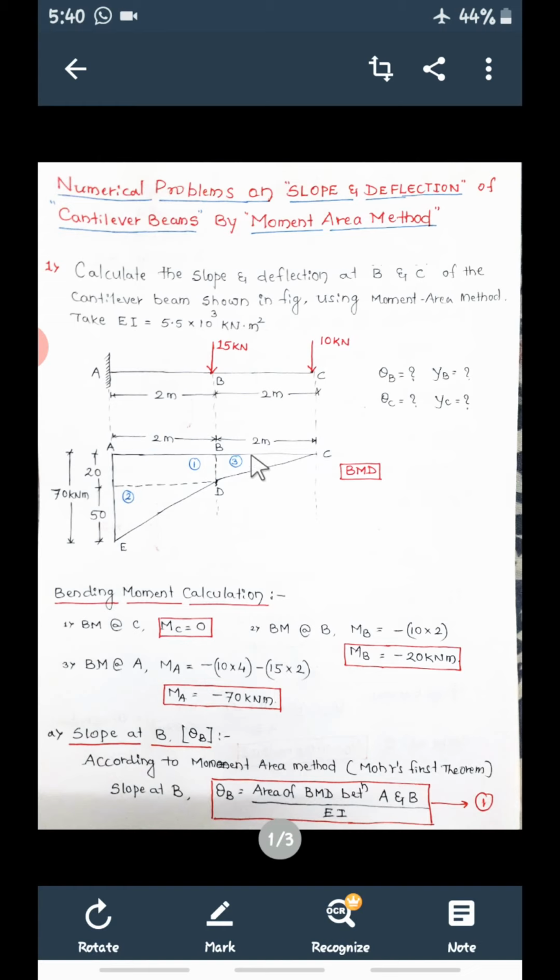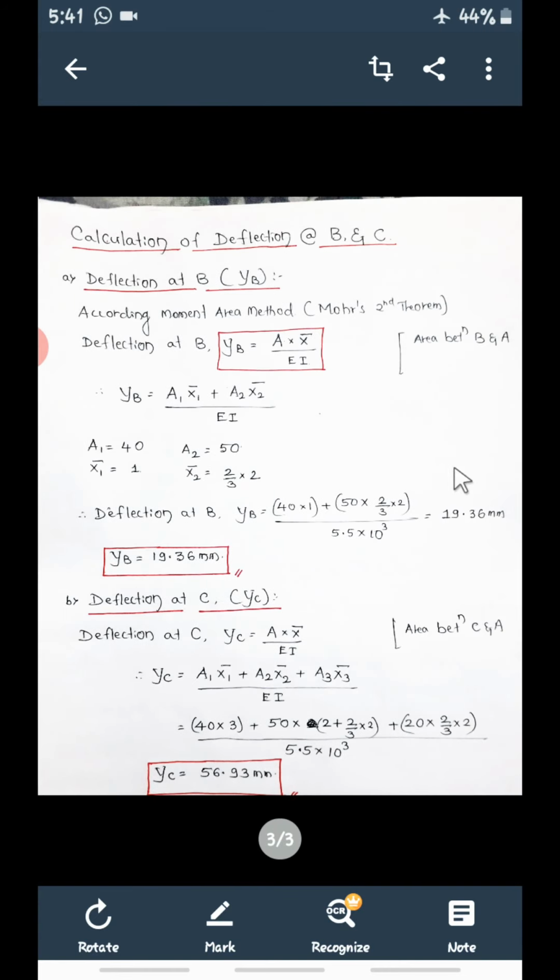So area into 2/3 of 2, that is 20 into 2/3 of 2, divided by EI, that is 5.5 into 10 raised to 3. So the deflection at C will be 56.93 mm. The point C is going to deflect by 56.93 mm, and the deflection at B is 19.36 mm.